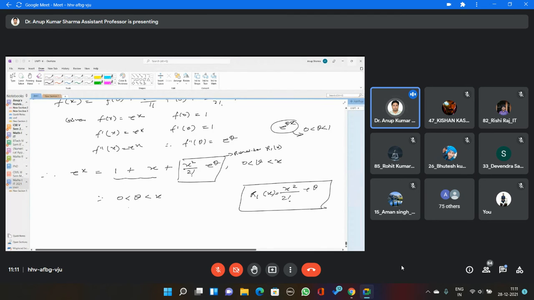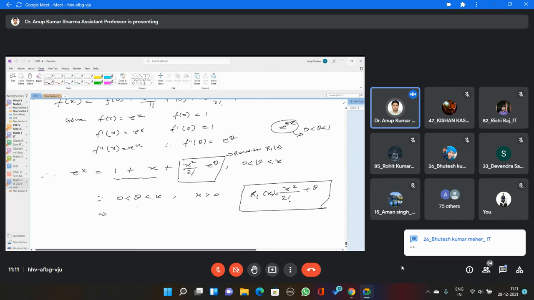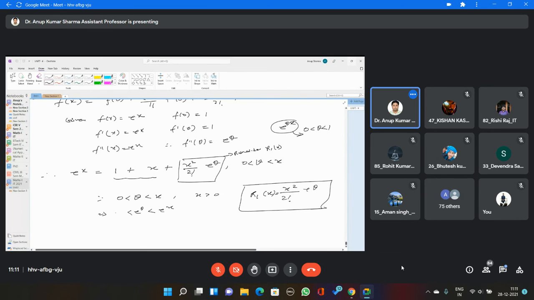Now we know that x is also greater than 0, so when we raise to the exponential, e to the power theta lies between e to the power 0 and e to the power x. This implies that e to the power theta is less than e to the power x, and greater than 1.